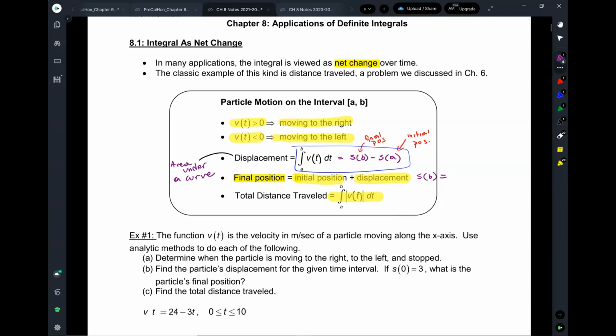It is the initial position plus how much it moved, the displacement, which is the integral of v of t dt. Conceptually, if you took this equation in the blue and solved it for final position, you get the same thing. If you move s of a to the left side, you get s of a plus the integral.